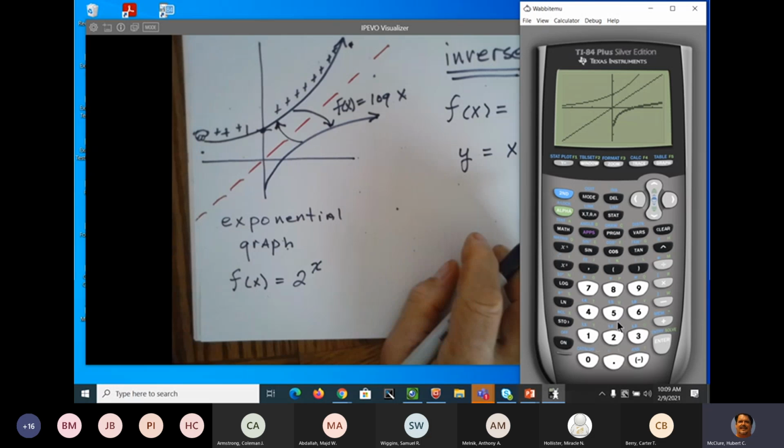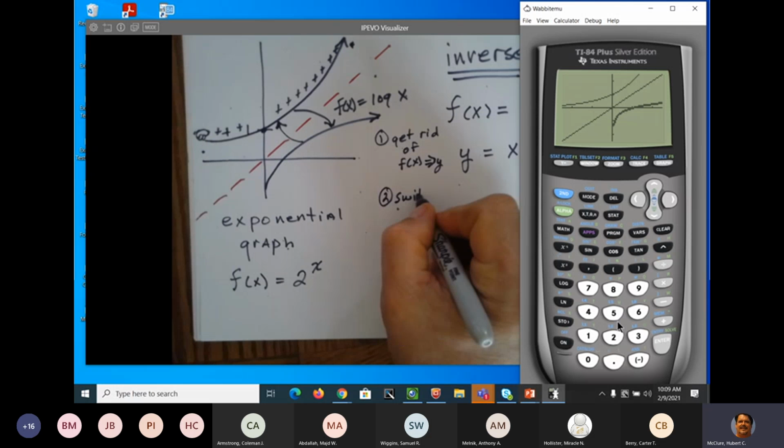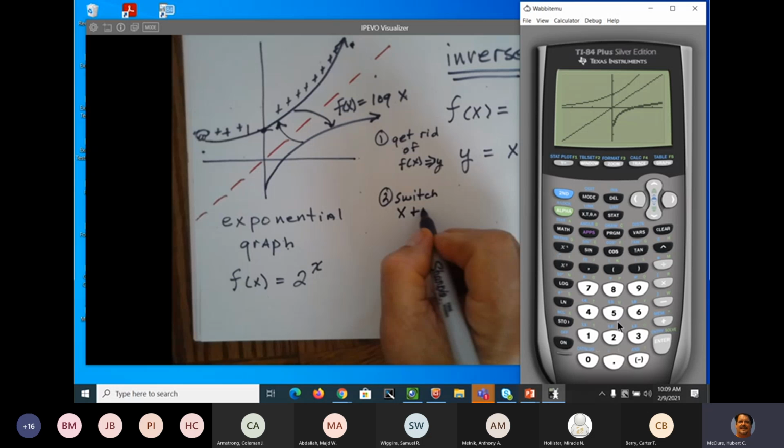So first thing, get rid of f of x and change it to y. That's the first thing you do. The second thing you do is you switch. Y'all remember doing this in high school? X and y. 109s, you better remember it.